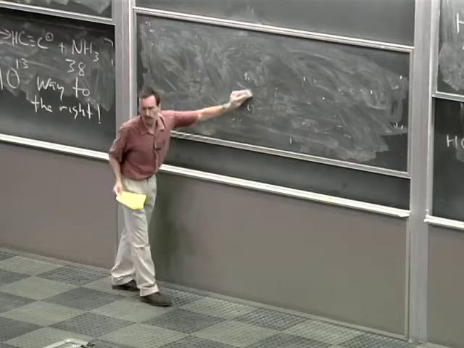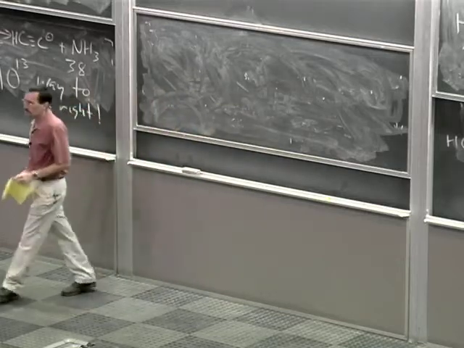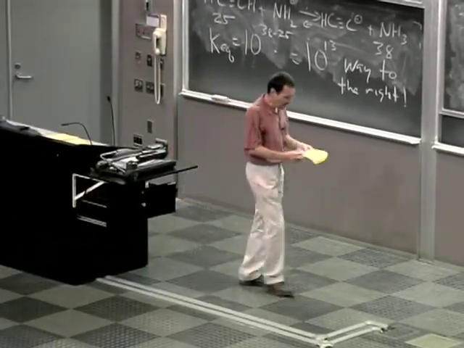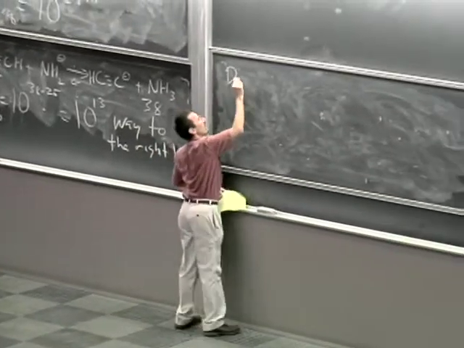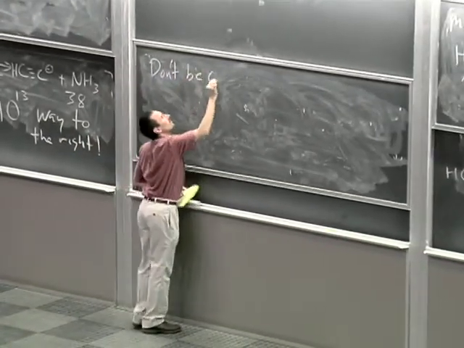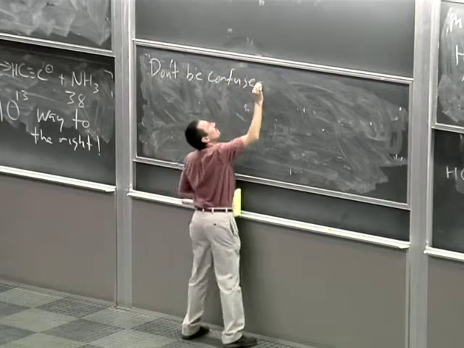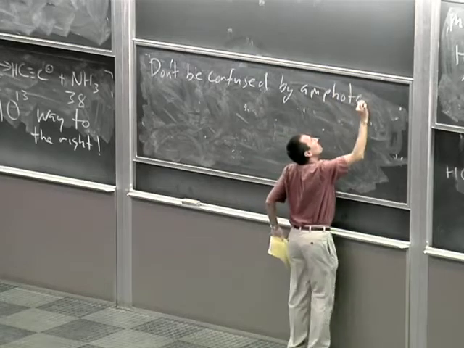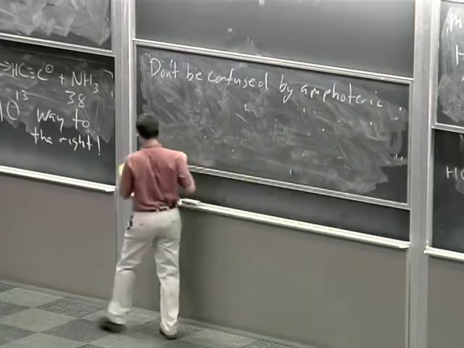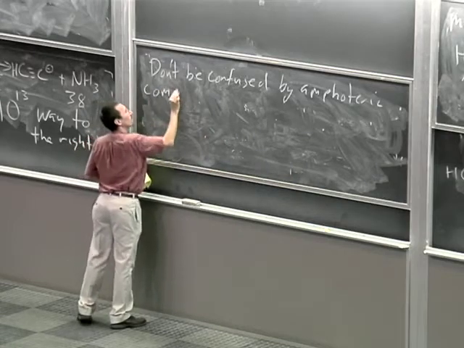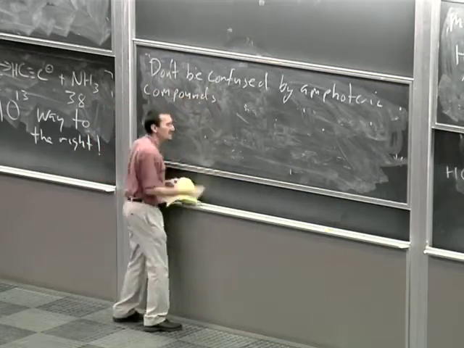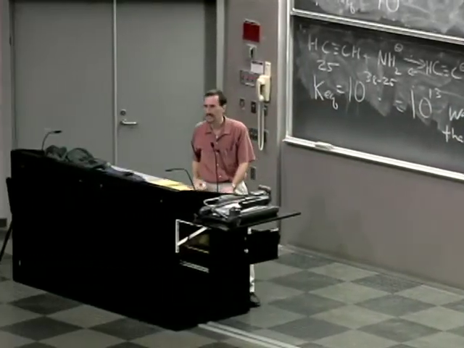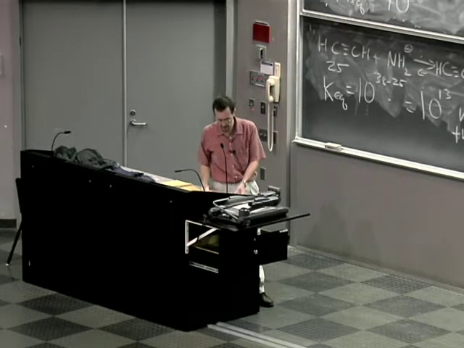The last point I want to make, and this is an important one because this is where students often get confused, is don't be confused by amphoteric compounds. It's easy to get confused with molecules that can act either as an acid or as a base.